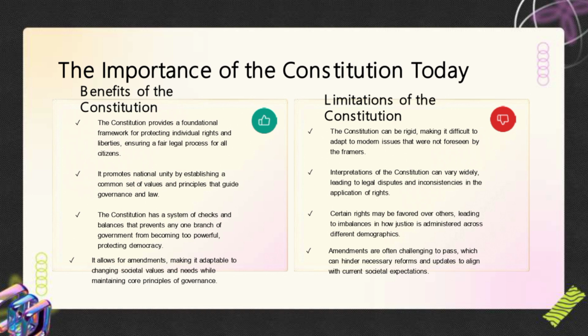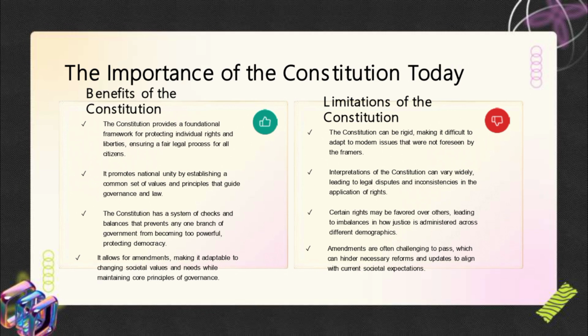What are the limitations of the Constitution? The Constitution can be rigid, making it difficult to adapt to modern issues that were not foreseen. Interpretation of the Constitution can vary widely, leading to legal disputes and inconsistencies in the application of rights.